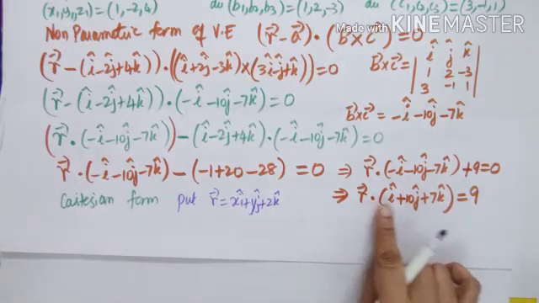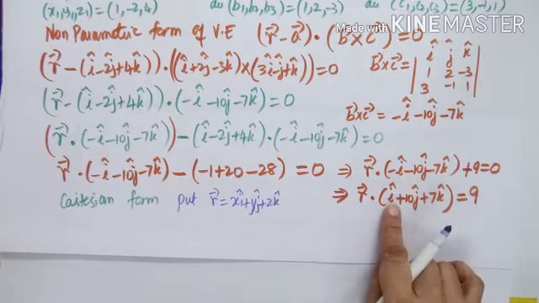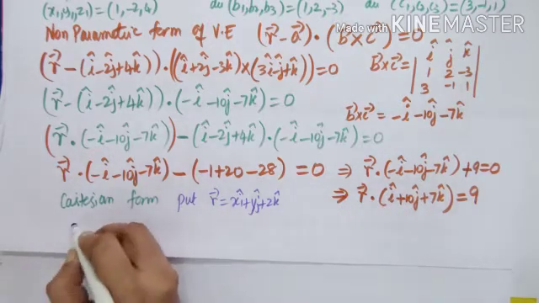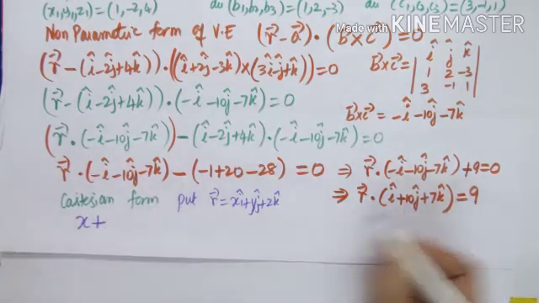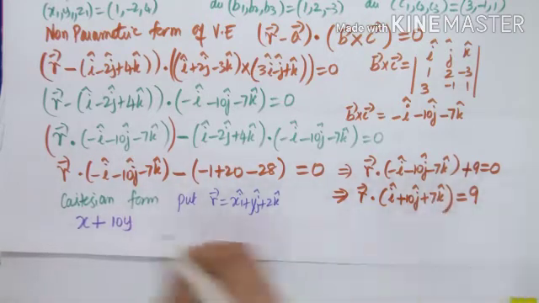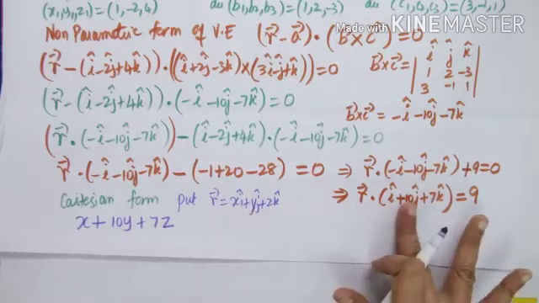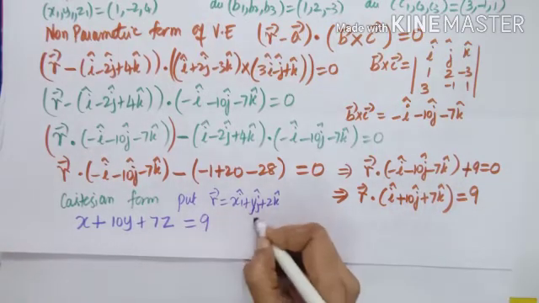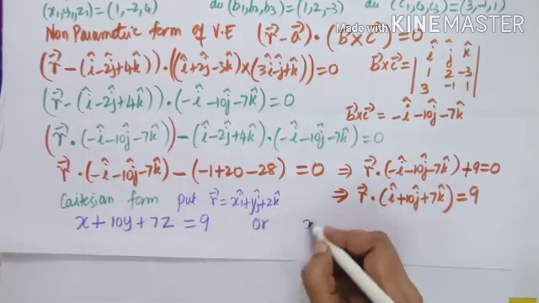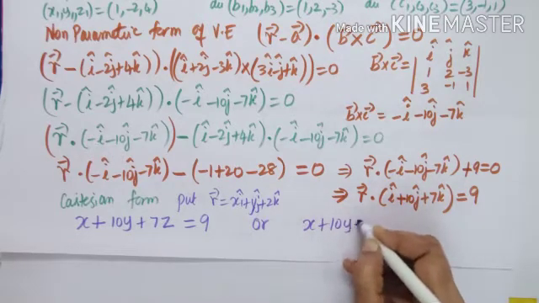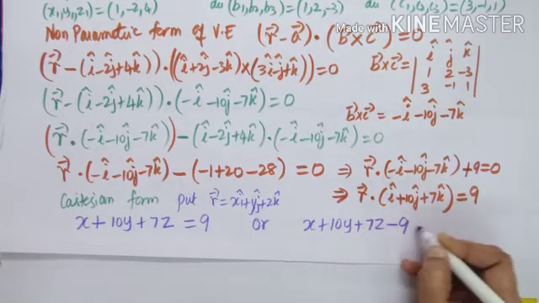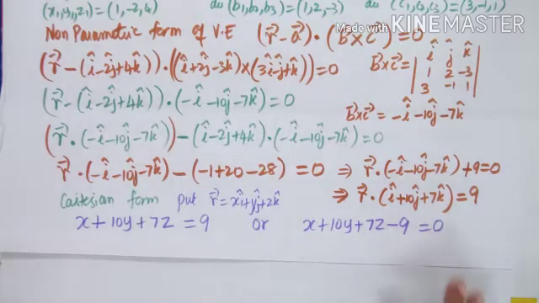So what is the Cartesian format? i becomes x plus 10y plus 7z. So these two we find the dot product equals to 9, or bring 9 to the left, x plus 10y plus 7z minus 9 equals to 0, and that is the Cartesian equation.